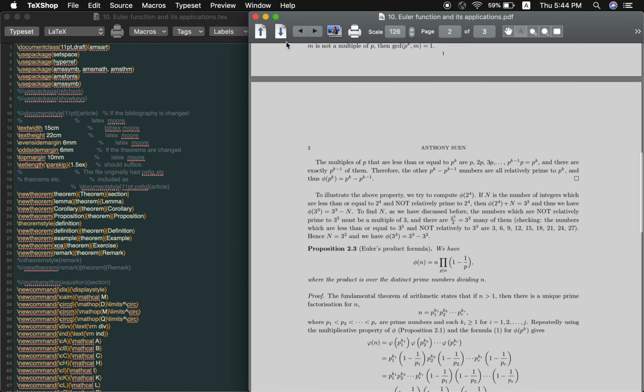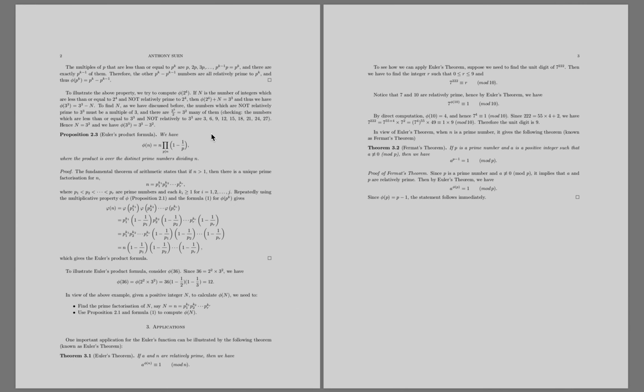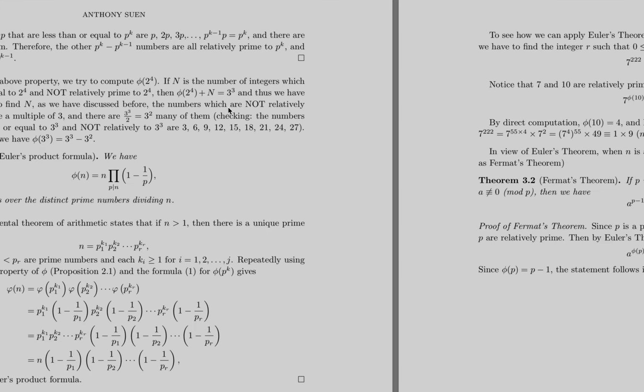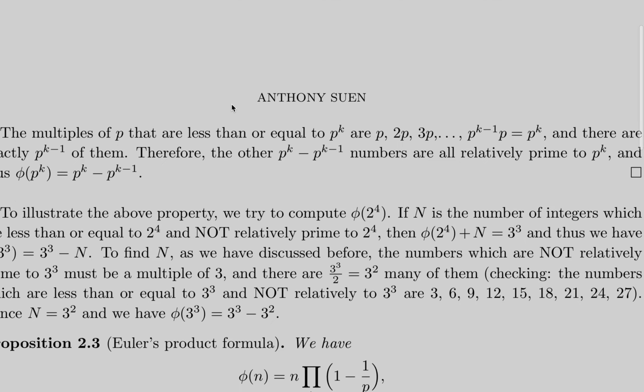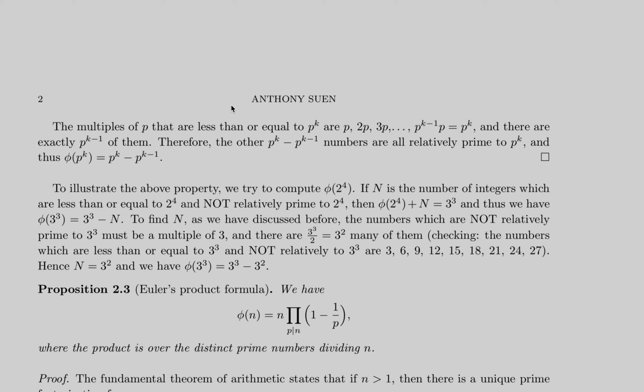Now we look at the multiples of p that are less than or equal to p to the power k. What are those multiples? You can keep writing the multiples: multiply 1 by p, multiply 2 by p, or multiply 3 by p, and then up to what integer?